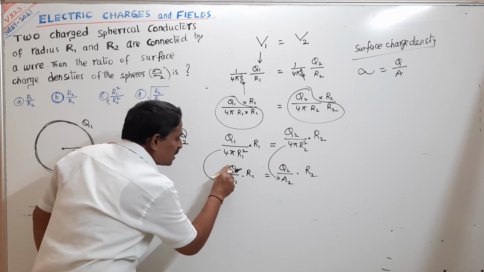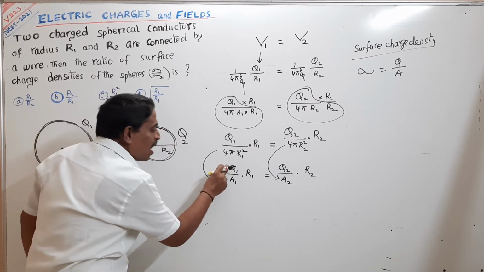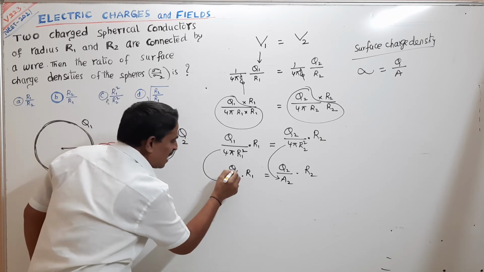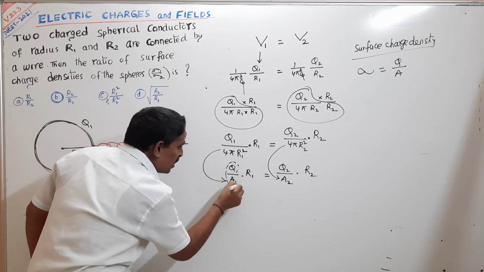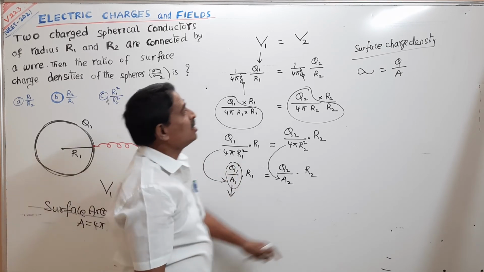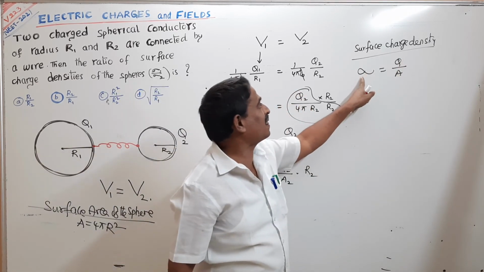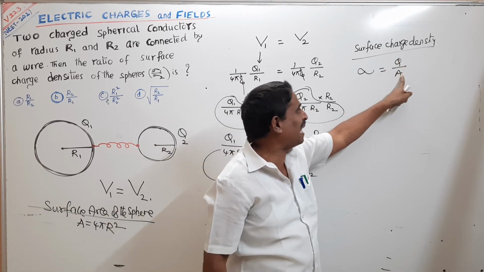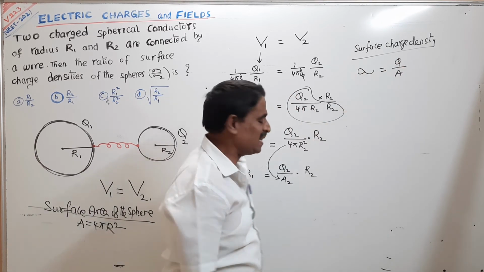Charge per unit surface area is nothing but the surface charge density.